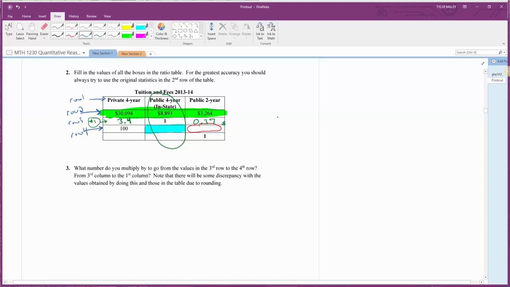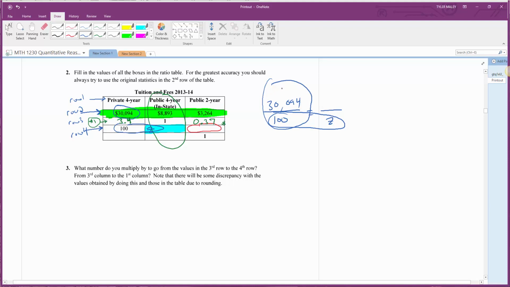For example, I could take this 30,094 value and compare it to 100. But if I'm trying to find this value, let me call it z, I would put z here. Notice it's in the same row, so these are matching up. These are related because they're in the same row, and these two things are also related because they're in the same column.